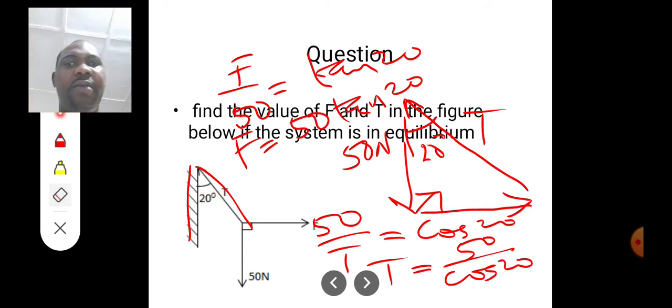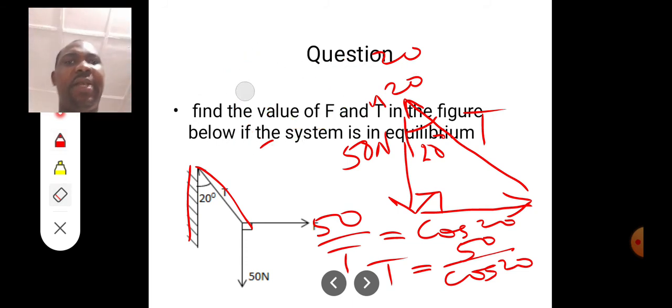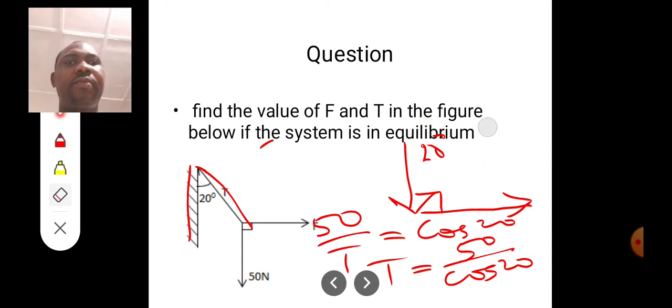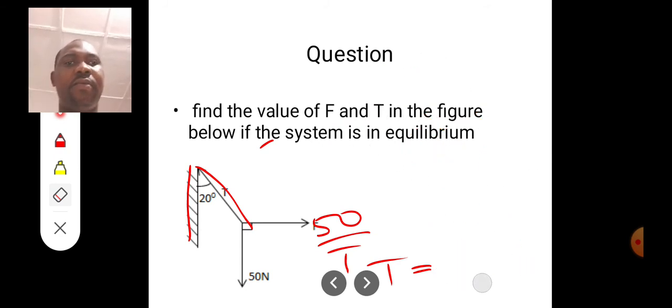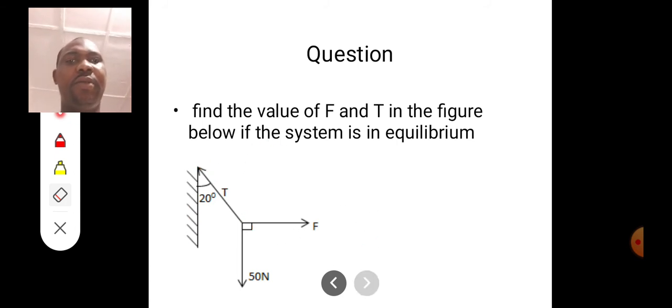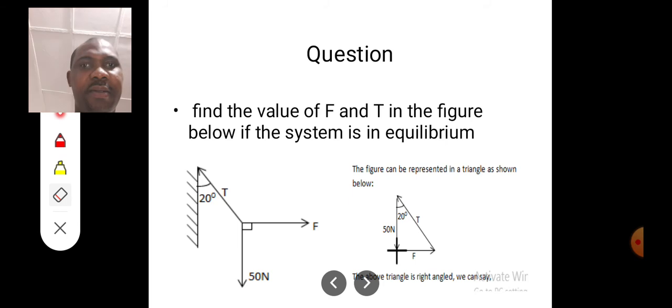Okay, let's see what I have typed here. Okay, so look at that. If you notice, this is a different drawing from what I had.